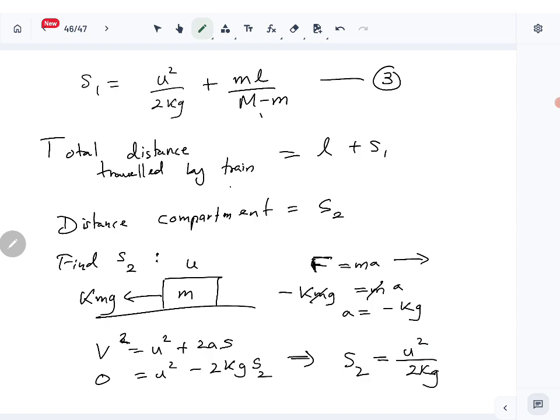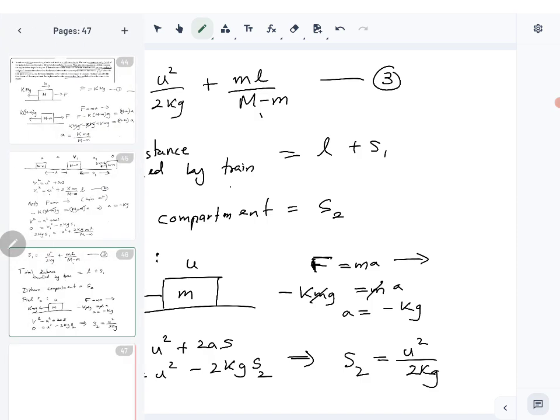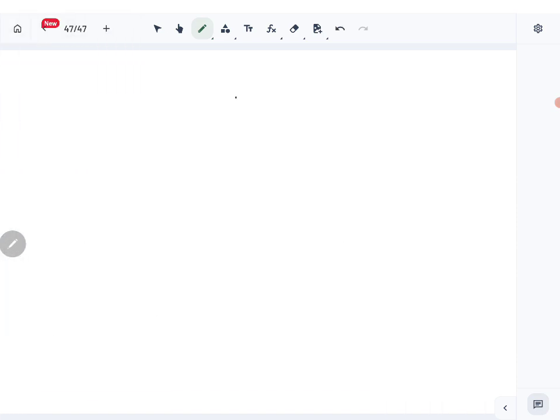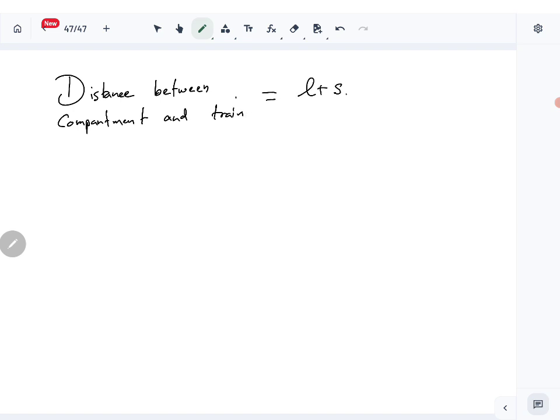Right, so then we can find the distance between these two. The distance between the compartment and train is the train's L plus S1 minus the distance traveled by the compartment S2.